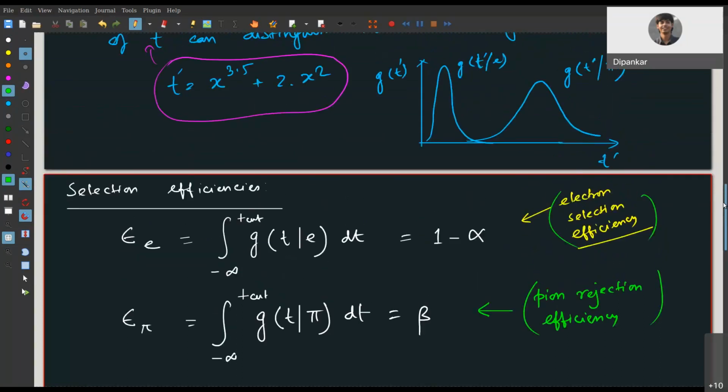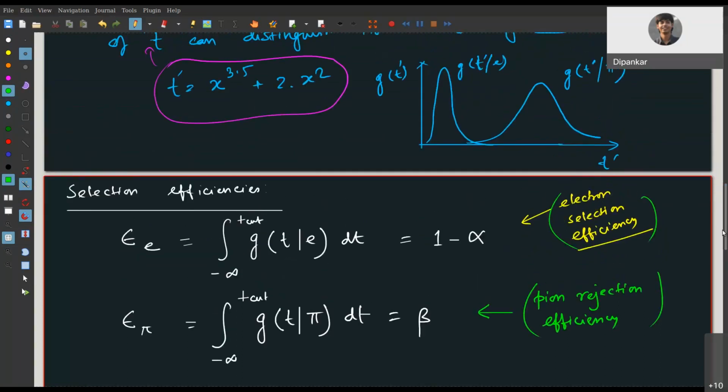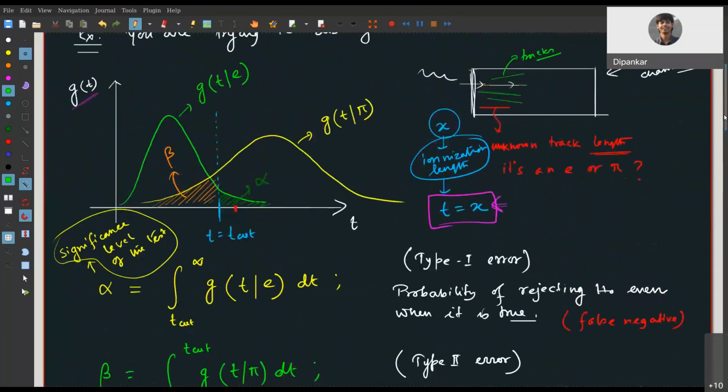So what does this electron selection efficiency mean? Remember, all the electrons that come to your detector here are described by the area under the full green curve.